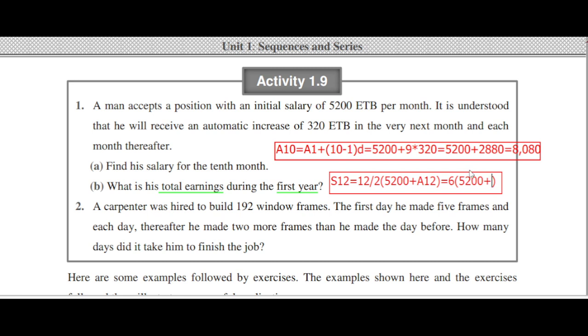A12 can be calculated using A1 plus 12 minus 1, 11 times d. So here is 5,200 plus 12 minus 1, 11 times the common difference d, 320.